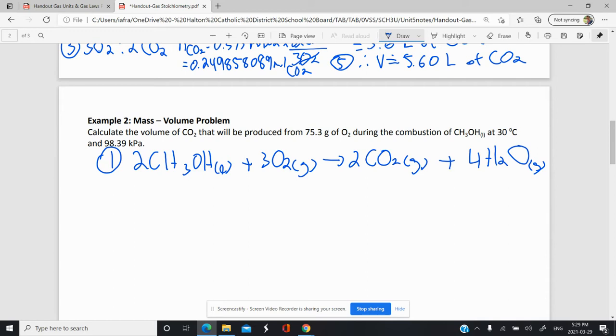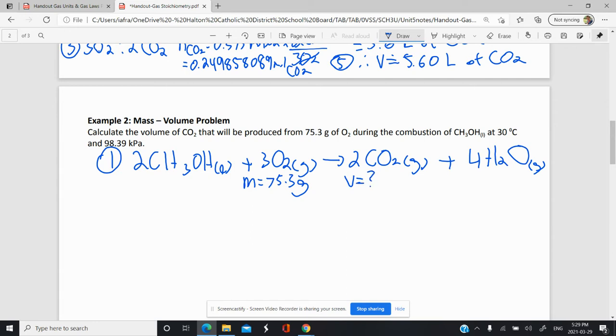And your next step is writing all the information out about what you have. So we have a mass of oxygen, and that's 75.3 grams over here. And we want to find the volume of CO2, which is a gas.